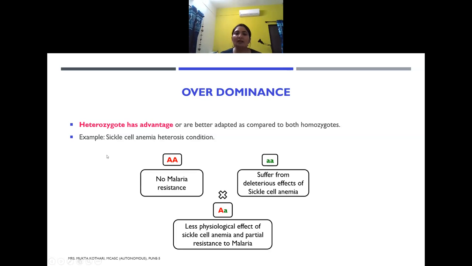Now, if you cross a homozygous person whose both alleles are normal with a person whose both alleles show the sickle cell mutation, the F1 progeny will be heterozygote, with one normal allele and one sickle cell anemia mutation allele.